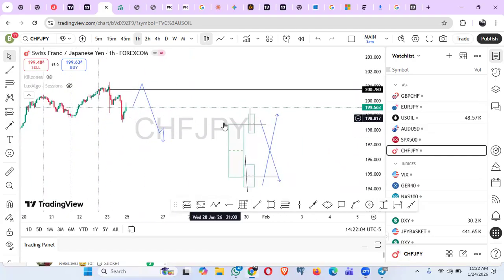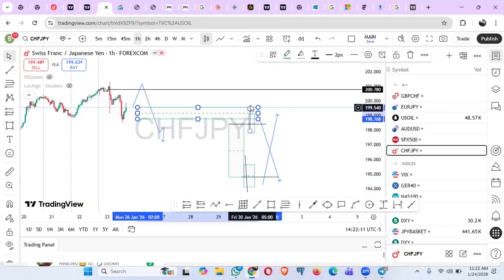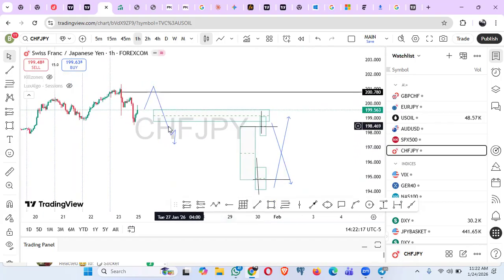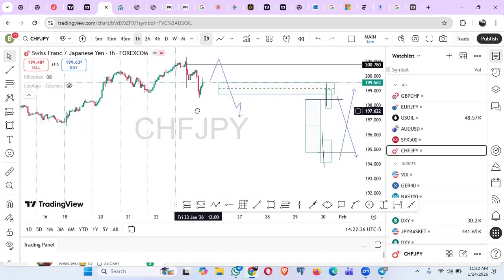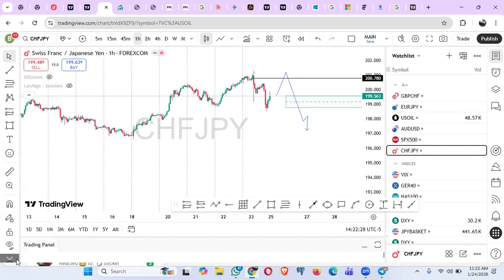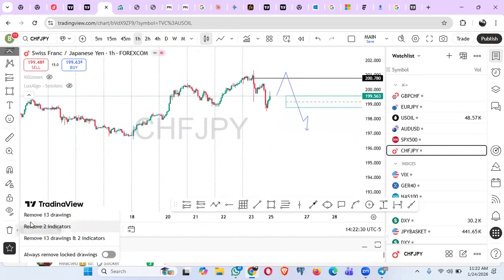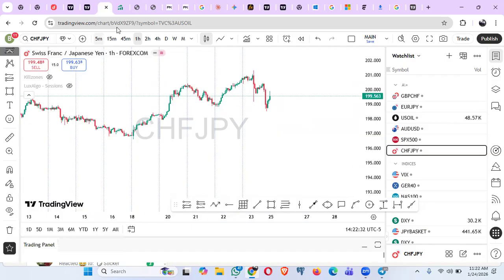Always check behind where this doji candle is coming from, whether it's in a straight line with a previously formed zone that might hold price.